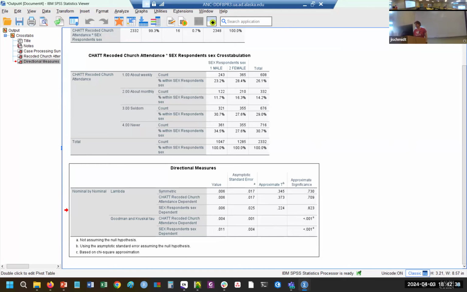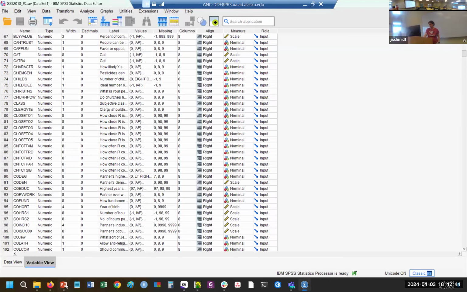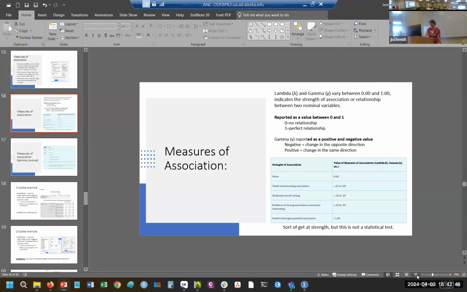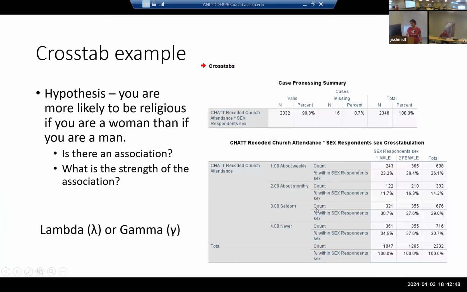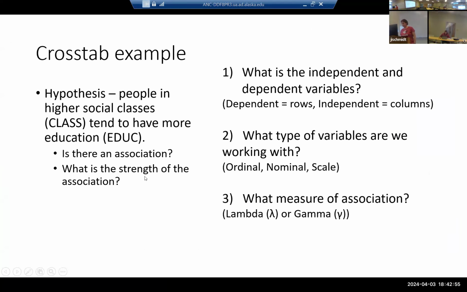Okay, so why don't we try another example here? So Lambda just says, yes, there's a difference between men and women. Okay, so what if we have the hypothesis that people in higher social classes tend to have more education?